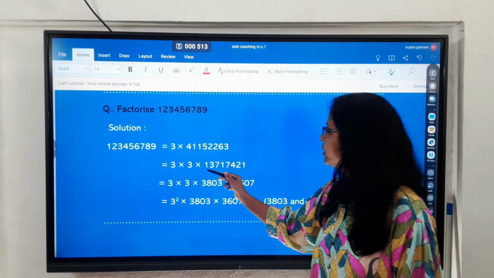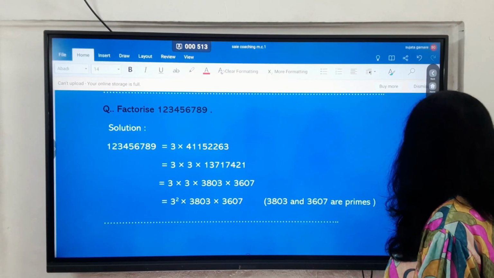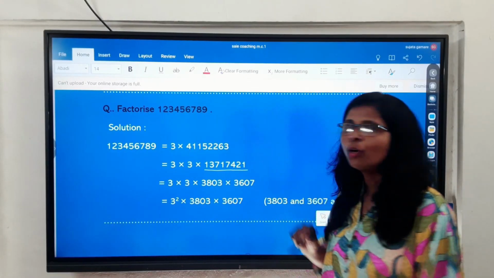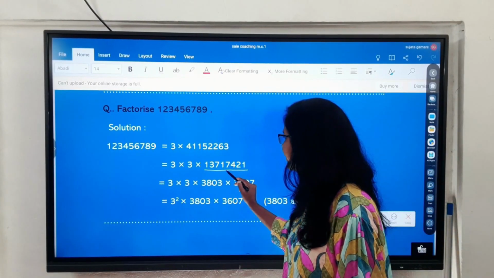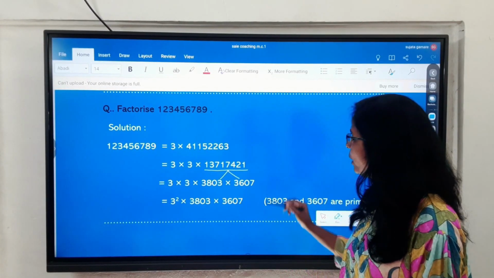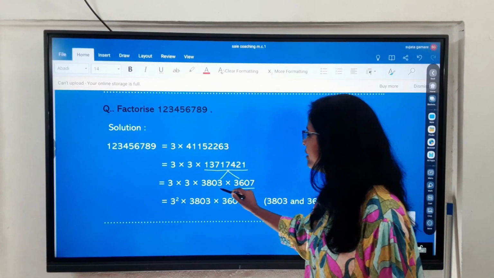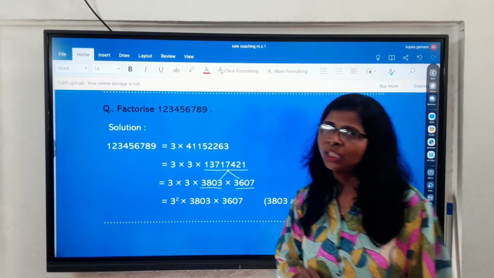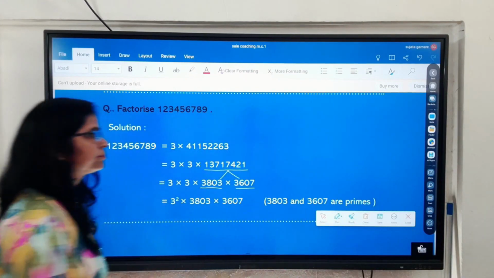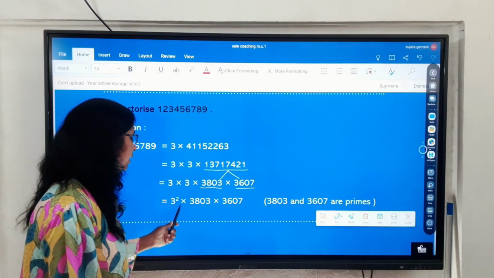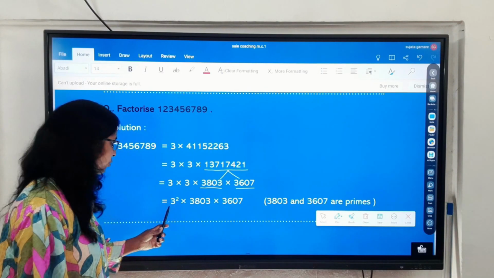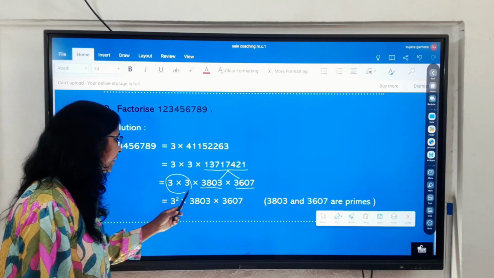So now here, the factors of this number 13717421 are 3803 multiplied by 3607. So this way, this is the product of primes, and this is the product of powers of primes, because 3 comes 2 times.